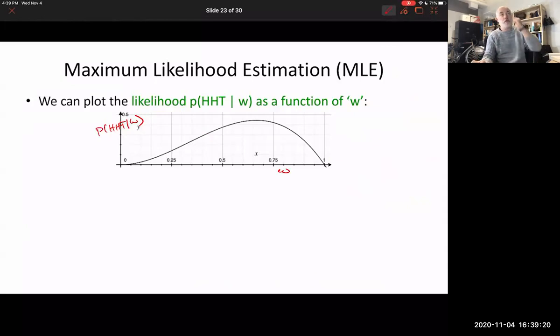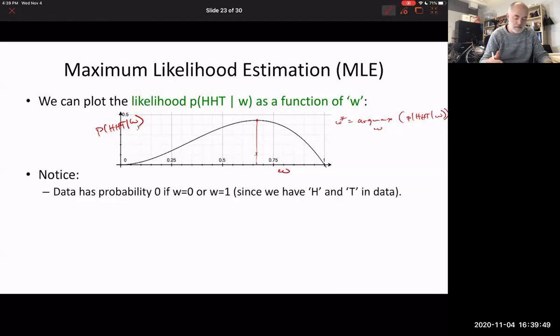And we can think about what it means to find the argmax over W of P of H, H, T given W. Well, the argmax is here somewhere, right? And what does it mean? It's the parameter of the model that explains the data the best, that makes the observed data the most likely.